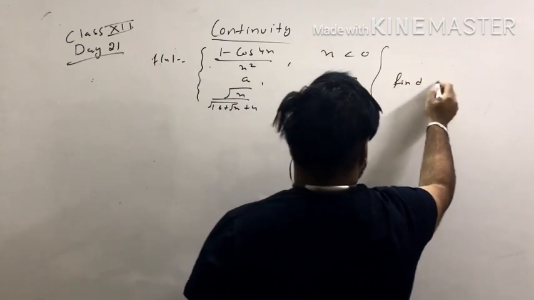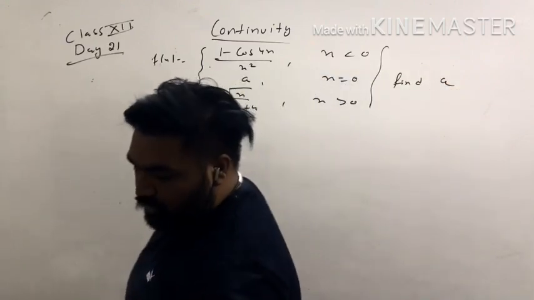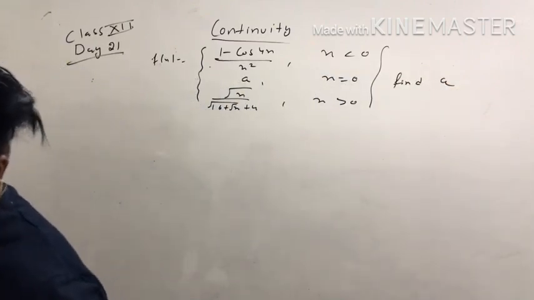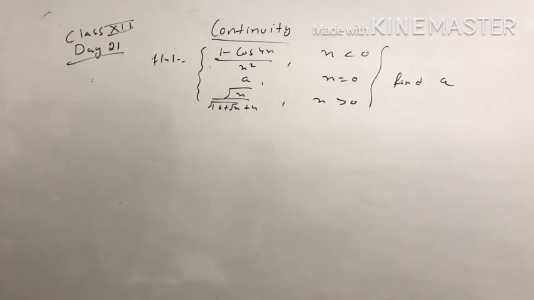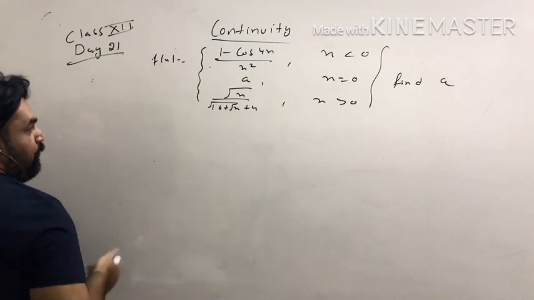Find a if the function is continuous at x equals 0. We have to find a. Very easy question, and very important.